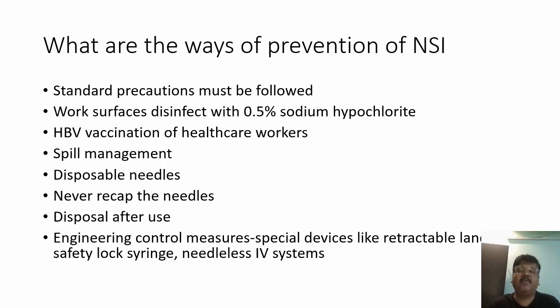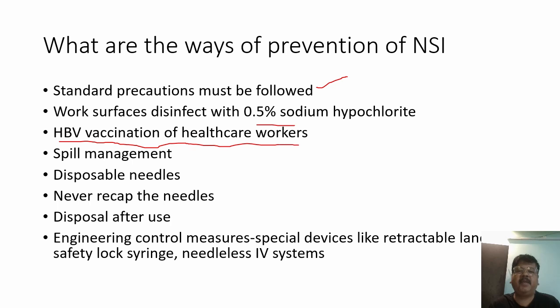Then what are the ways for the prevention of needlestick injury? Standard precautions must be followed in all situations. Assume all the patient specimens are potentially infectious. Work surfaces should be frequently disinfected with a 0.5% sodium hypochlorite solution. The hepatitis B vaccination for healthcare workers is mandatory.